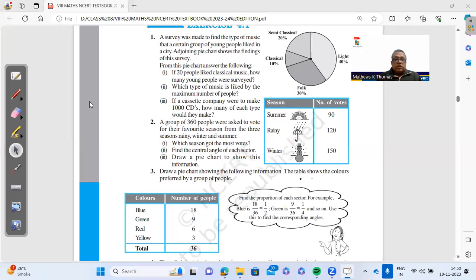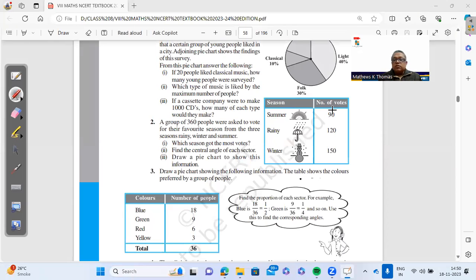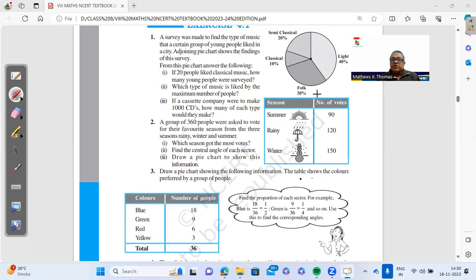Chapter 4. In chapter 4, we have this formula to find the central angle. To make the pie chart, we need the central angle. So to find the central angle, there is a formula here. Suppose we want to find out how much 90 is in terms of the angle. First we will find the total of these. When we add them, we get 360, right?